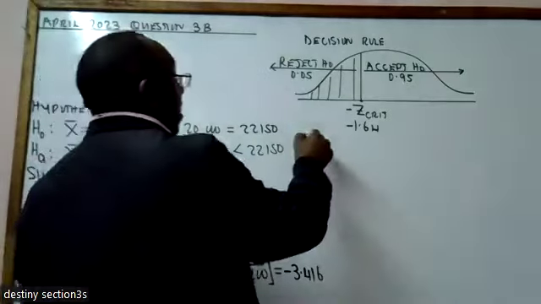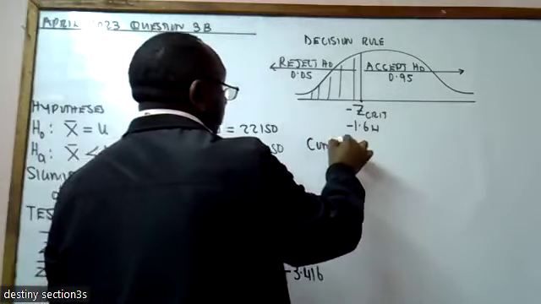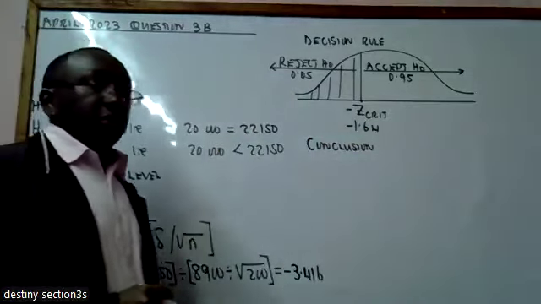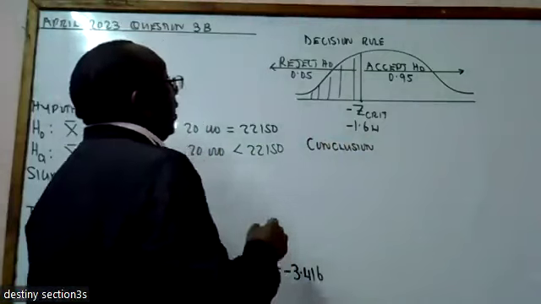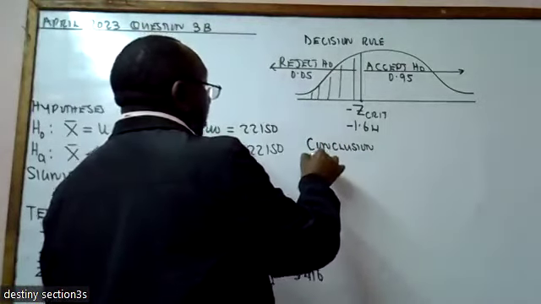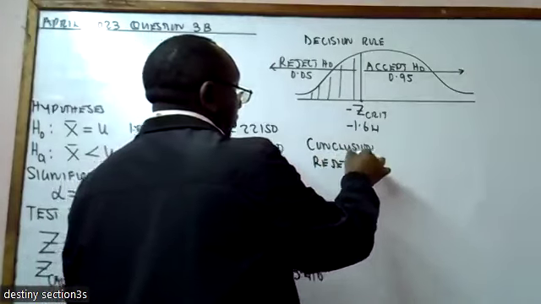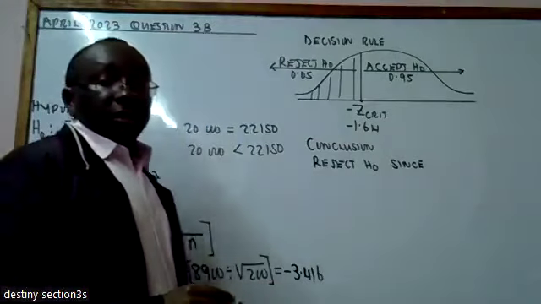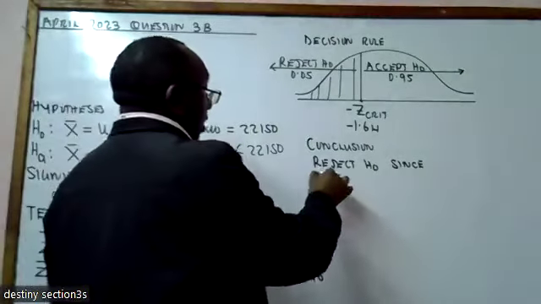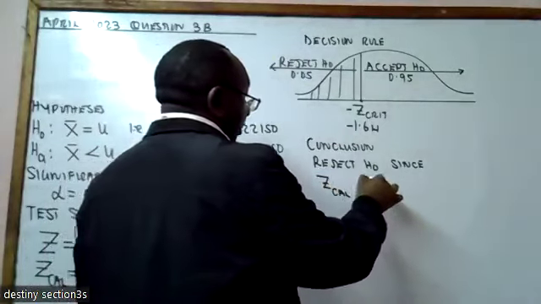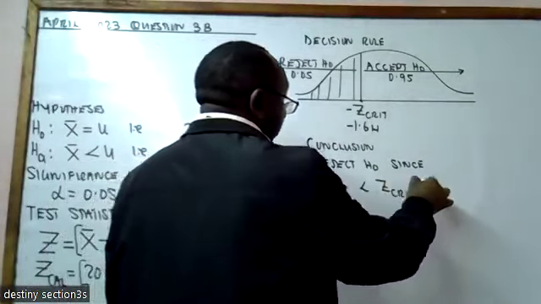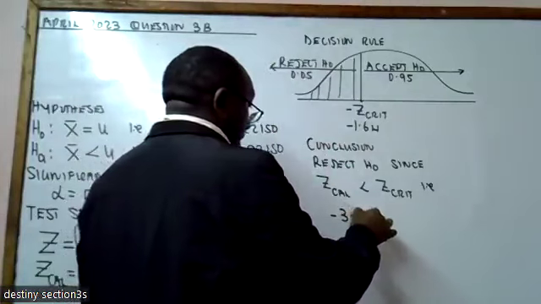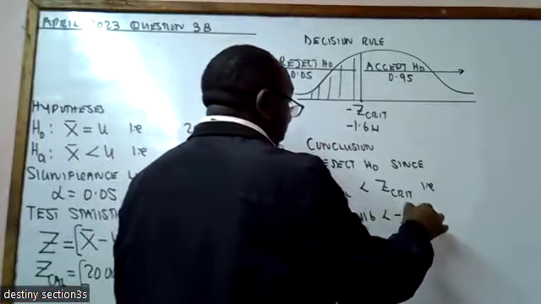Then from there, we make the conclusion. So the conclusion is we will reject null, since Z calculated is less than Z critical. That is, negative 3.416 is less than negative 1.64.